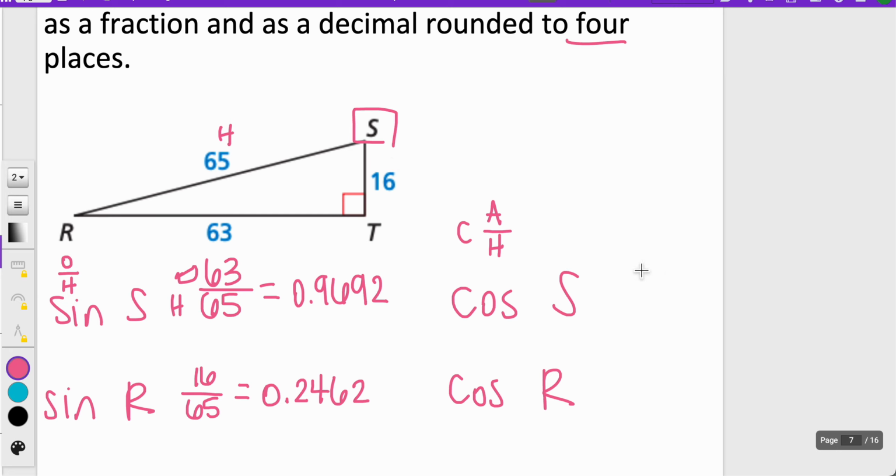The cosine of S, adjacent to S, is 16. Hypotenuse is 65, which is going to be the same thing as the sine of R, so 0.2462. And then the cosine of R is the adjacent, 63 over 65, which in this case is also the same thing as the sine of S, so 0.9692.